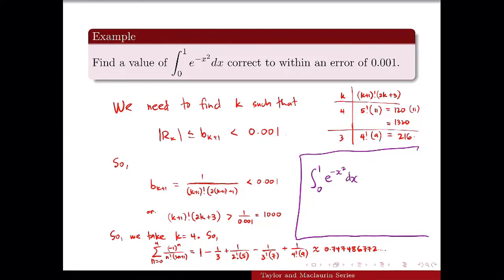Using my calculator, I got 0.746824, etc.